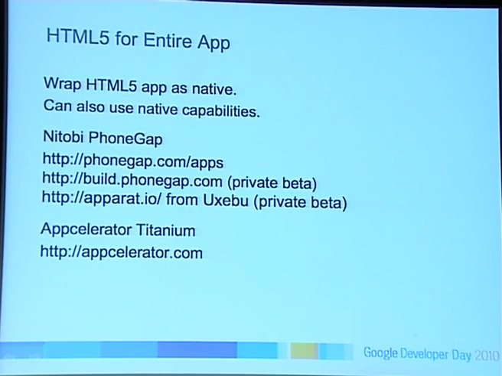Both of those are built on top of PhoneGap, and what they do is they actually work in the cloud. So you can actually upload a zip file of your HTML5 app, and they will then give you an Android app or a BlackBerry app, or in the case of Apparatio, it also will handle iOS as well.